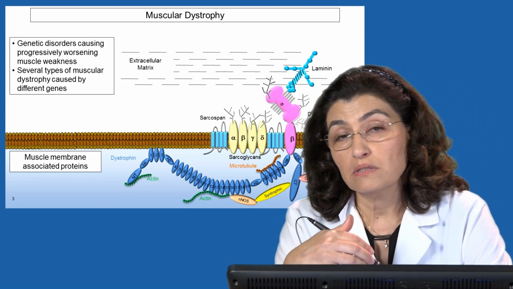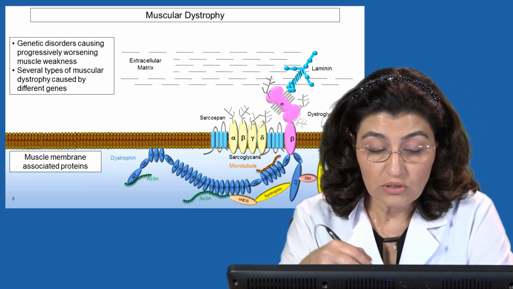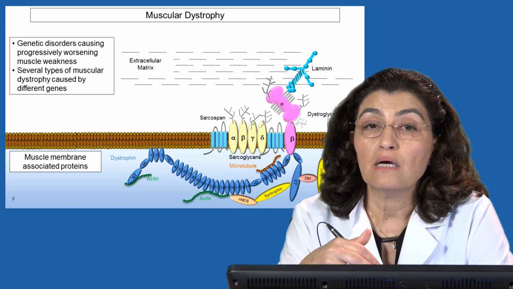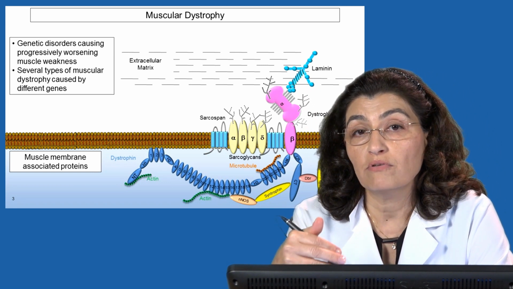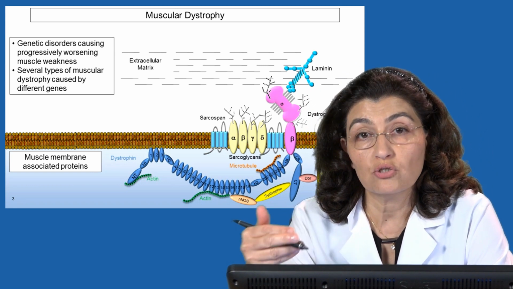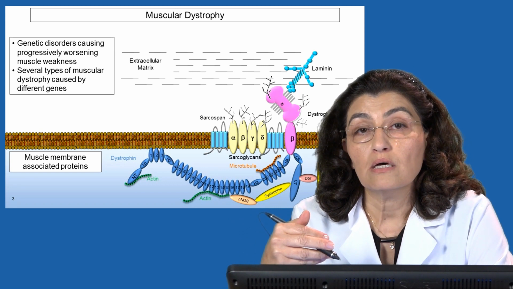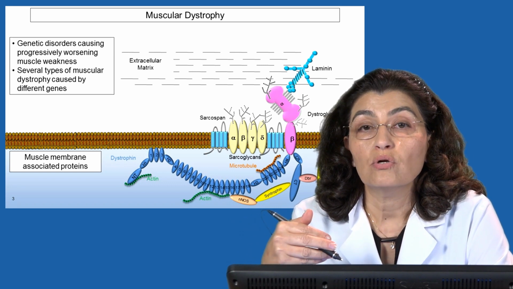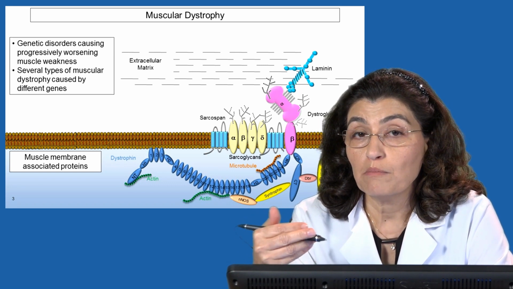One thing about the study of the dystrophies is that each of these proteins has been associated with a type of clinical muscular dystrophy that has been described, and they can be checked genetically, or suspected clinically by the presentation.